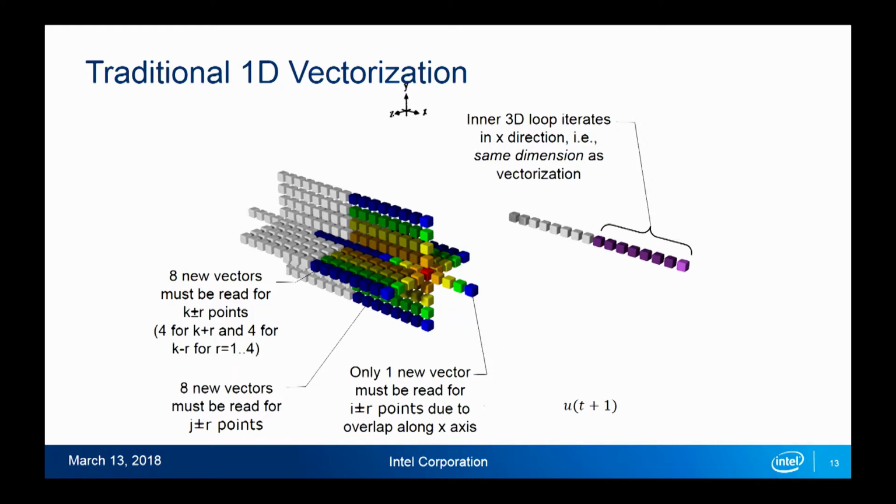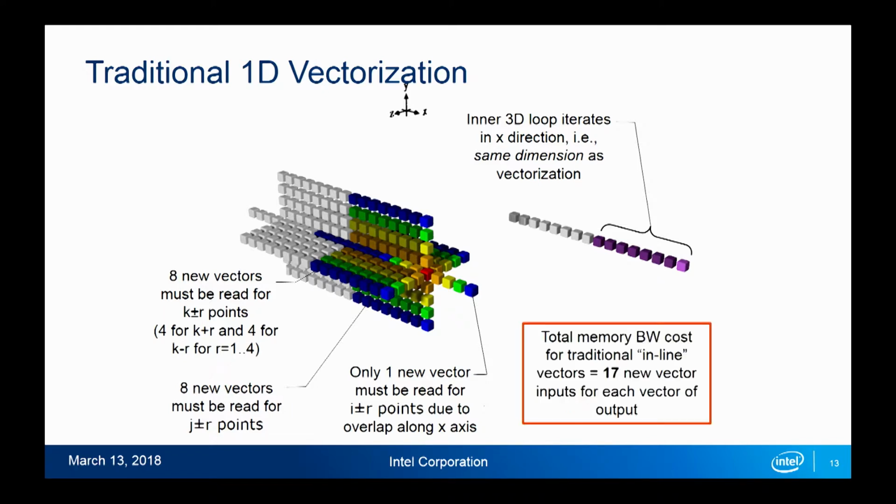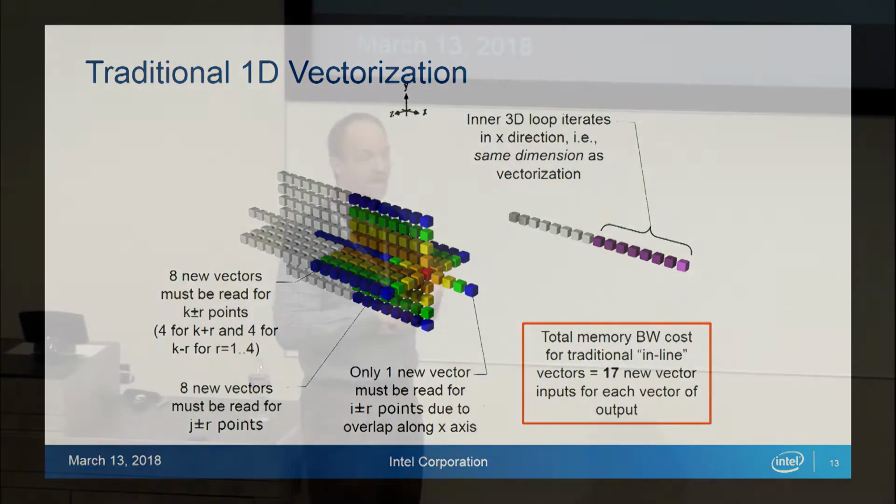So that means that to do this 25-point stencil, to calculate every vector of outputs requires us to read in 17 new vectors. And on the KNL and the Skylake, a vector is the same as a cache line. So again, this is just a review of the traditional way we do vectorization.